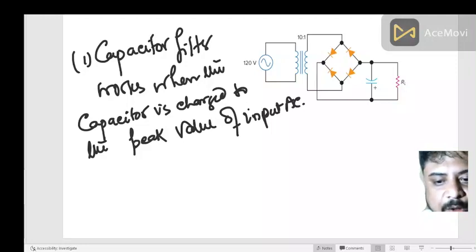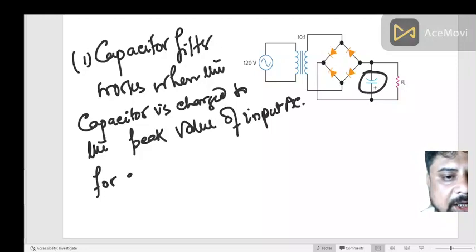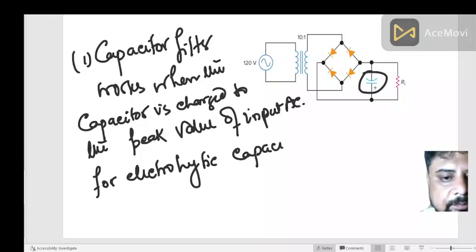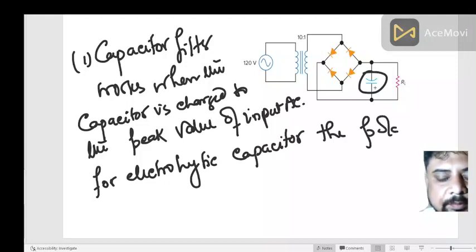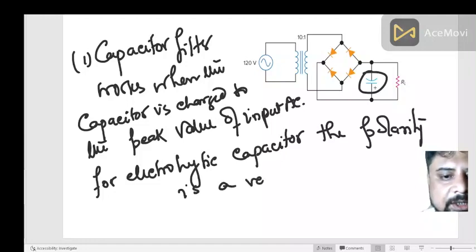It can cause burning of the rectifier. So this polarity is very important if you are using electrolytic capacitors. For an electrolytic capacitor, the polarity is a very important factor.